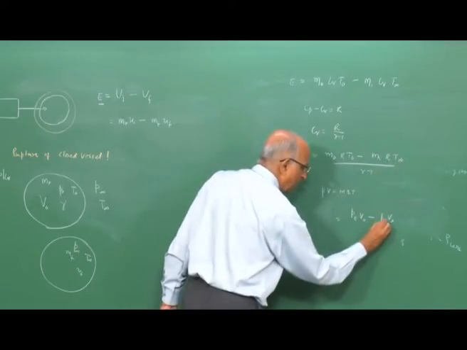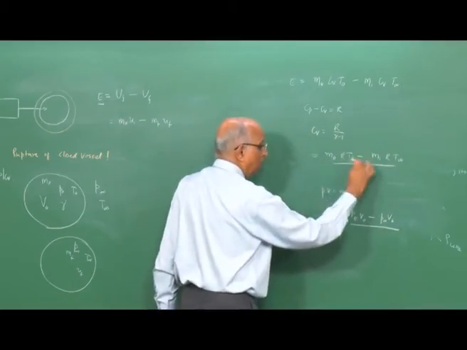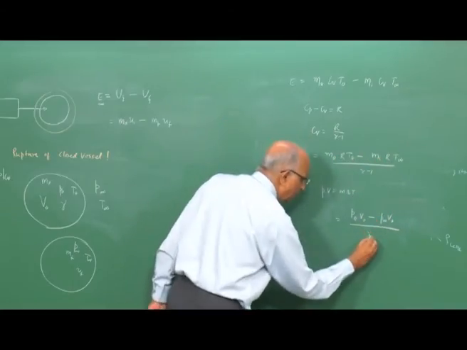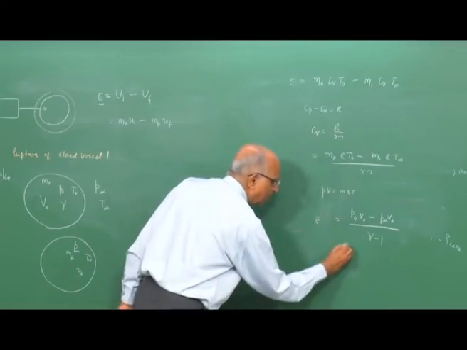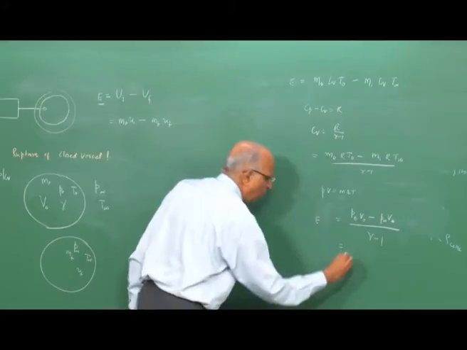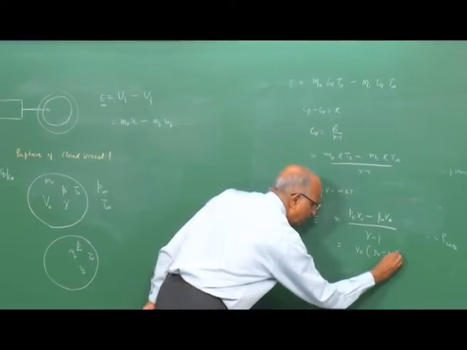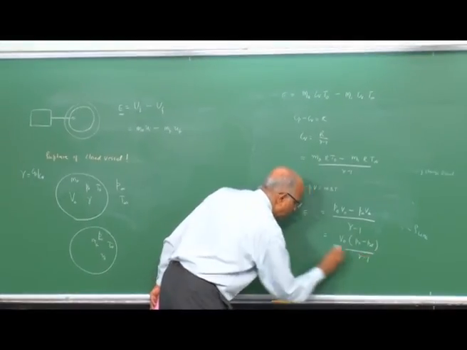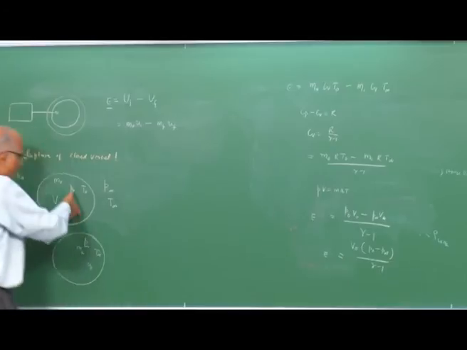MRT ambient corresponds to the ambient pressure, therefore this becomes P0 V0 minus P ambient V ambient divided by gamma minus 1. Taking V0 common because the same volume is there, the energy released is V0 into P0 minus P ambient divided by gamma minus 1, which is the energy released during the rupture of a pressure vessel.